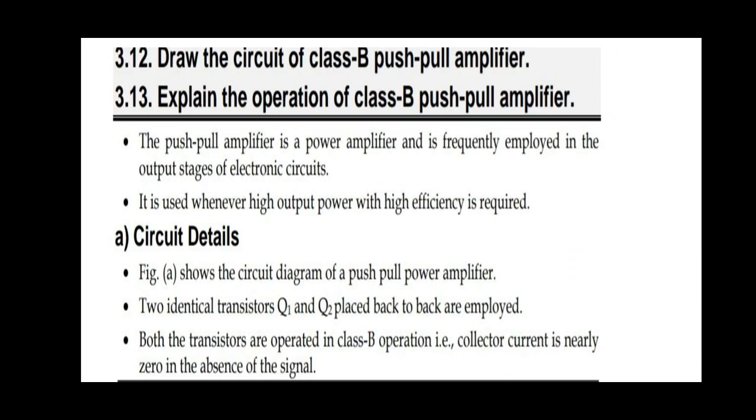Now the next topic we have to go to is the operation of the class B power amplifier. We have to discuss how the circuit will work. In class A operation, the working angle is 360 degrees.